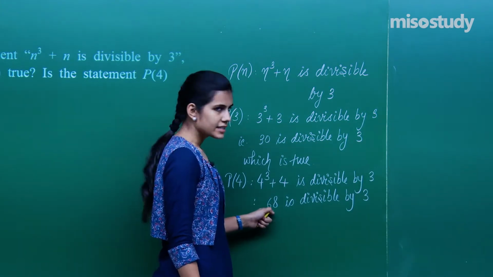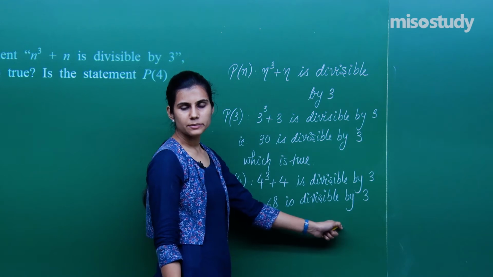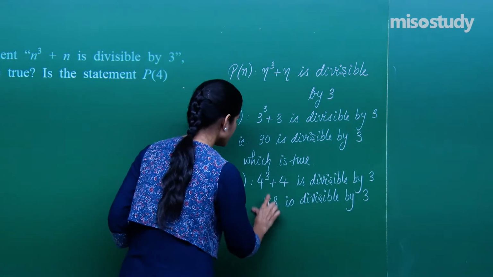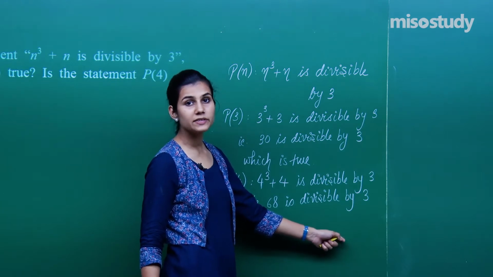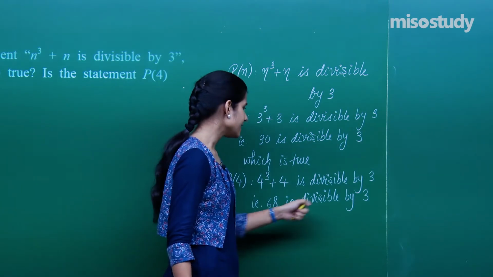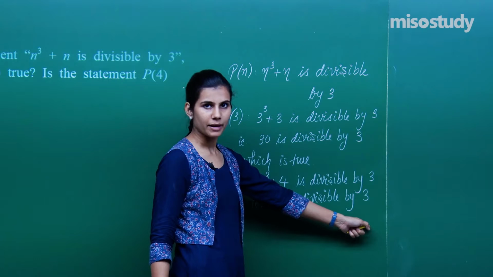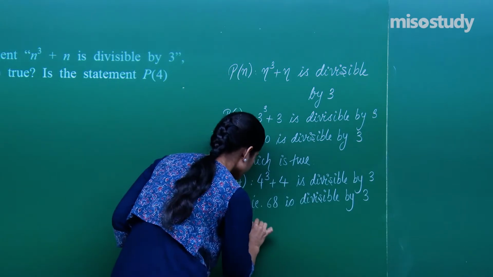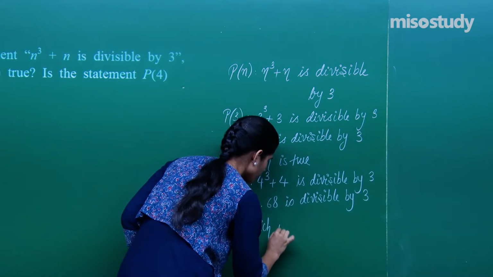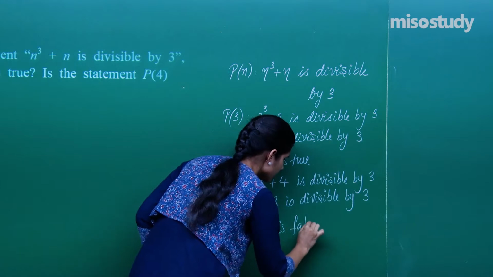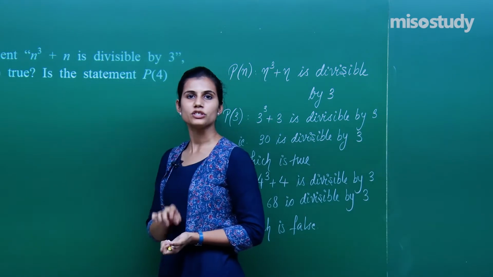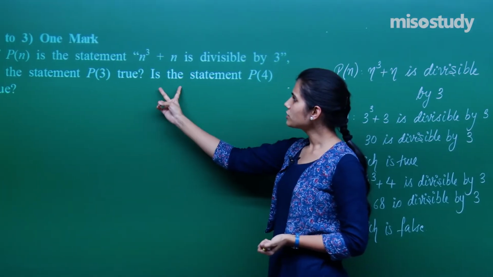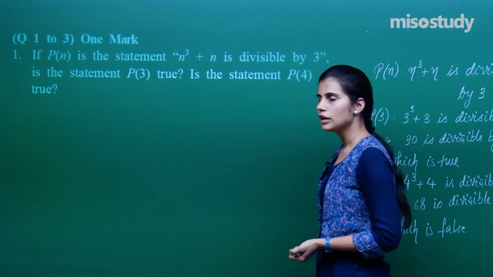When you add 8 and 6, you don't get any number which is divisible by 3. 8 plus 6 is 14 and 14 is not divisible by 3. So by divisibility test of 3, I know 68 is not divisible by 3. So which is false. So we are getting that yes, P3 is true, but the statement P4 is not true, it is false. So out of the two statements, P3 is true, P4 is false.